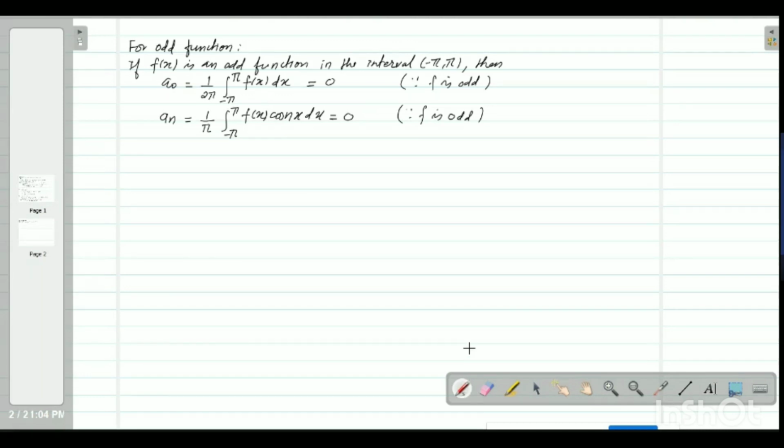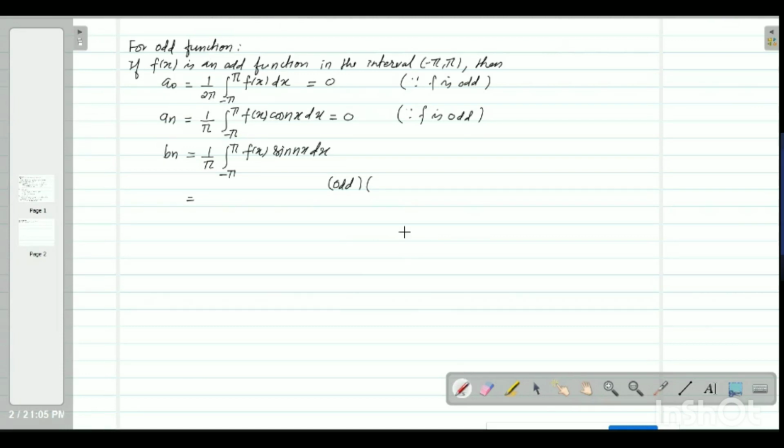Getting? This is the property of even and odd functions. And what about bn? Bn equals 1 upon pi integration of limit minus pi to pi f of x sin nx dx. Only the bn term will survive. Here f of x is an odd function and sin is also an odd function.